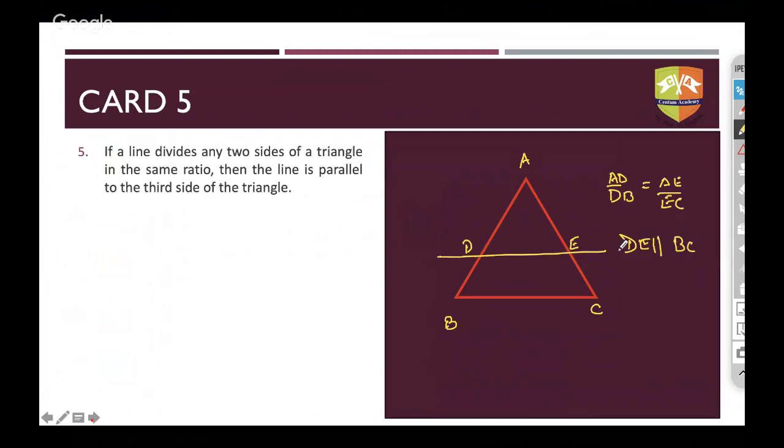This is the converse of BPT. Keep that in mind.